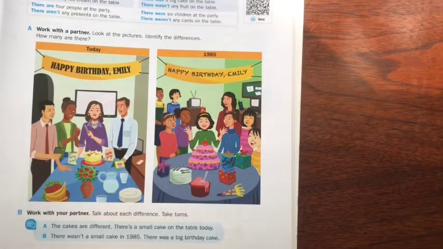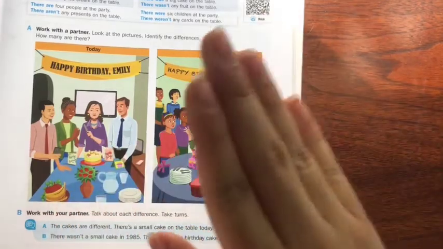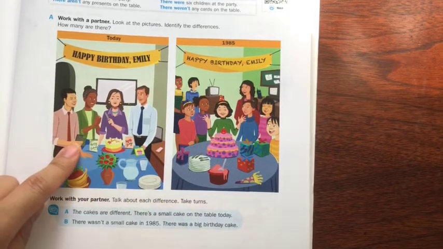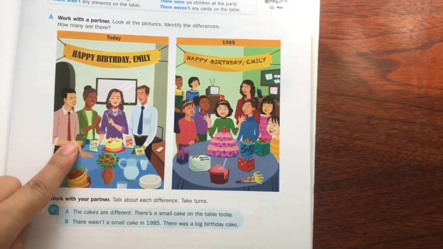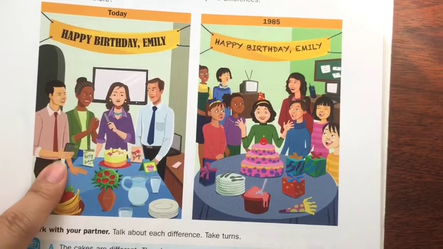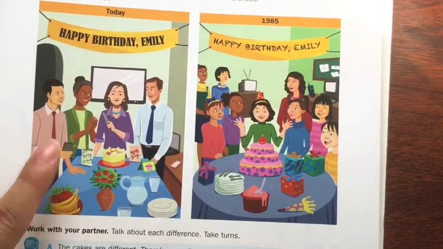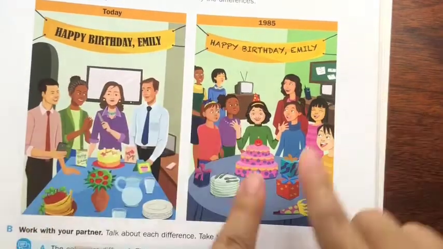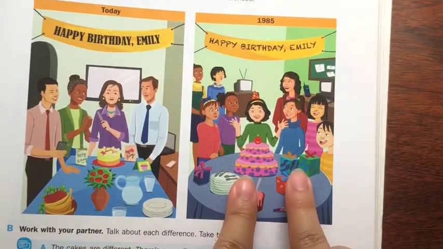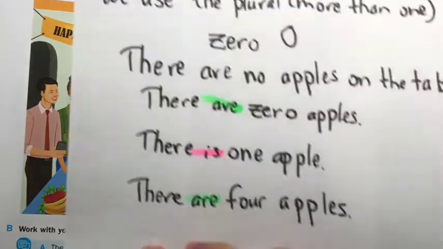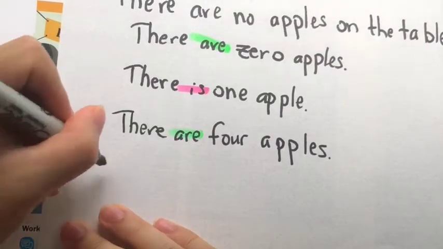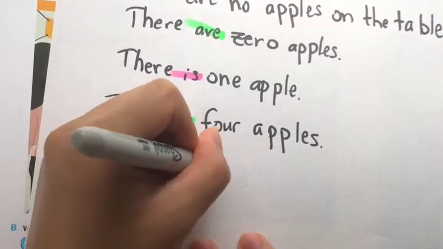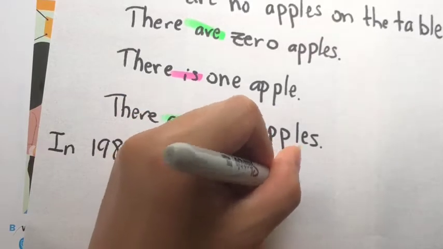So let's see. In this picture, there is 1 smartphone. This is not just a telephone. This is a smartphone. So you can touch the screen, you can use apps on it, you can play games, use Google Maps. In 1985, there were no smartphones.